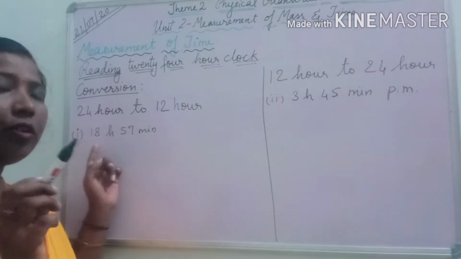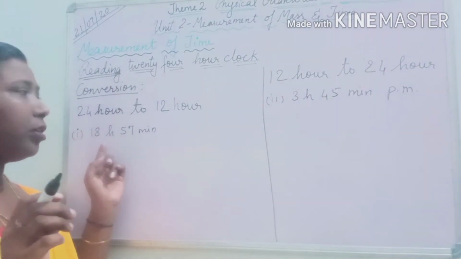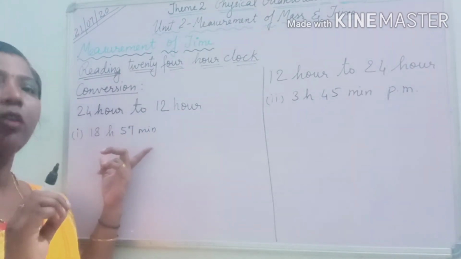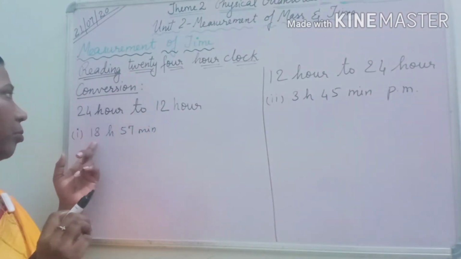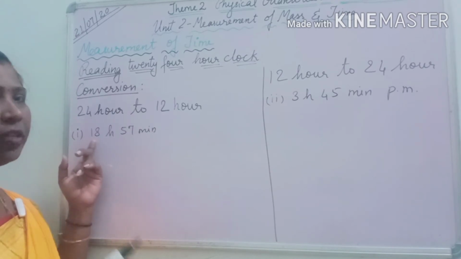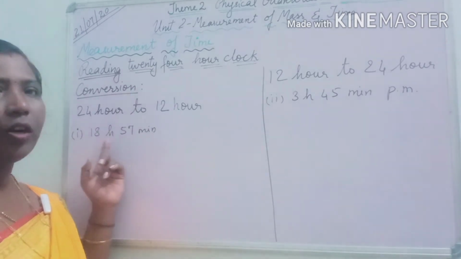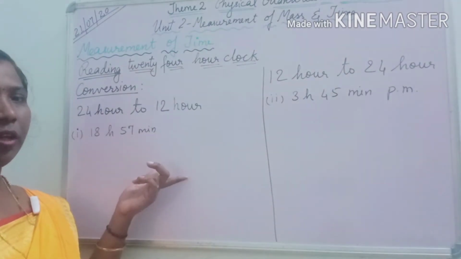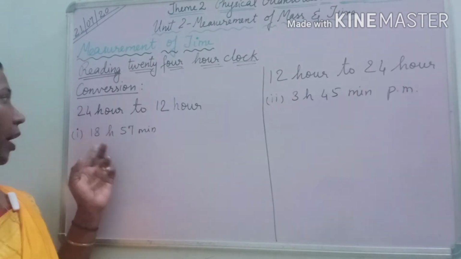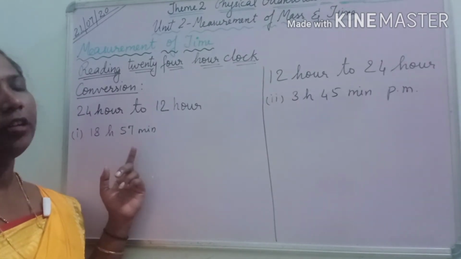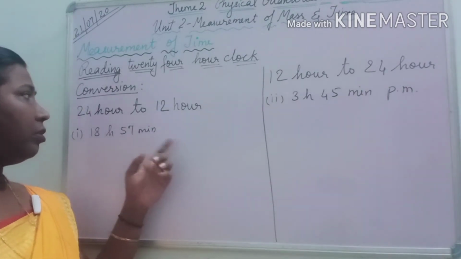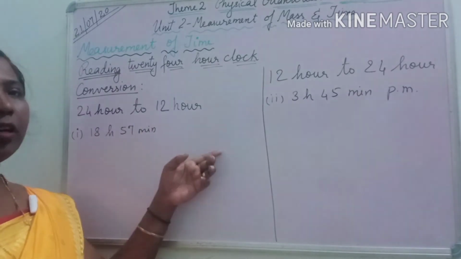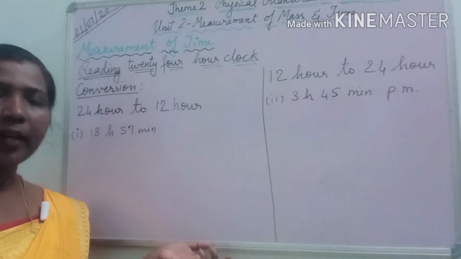But subtracting 12 is only possible for PM, not for AM. If it is less than 12, you can just note it down as it is, because it is 12-hour time. For example, 9 hour 30 minutes, you note down 9 hour 30 minutes, and that is AM.